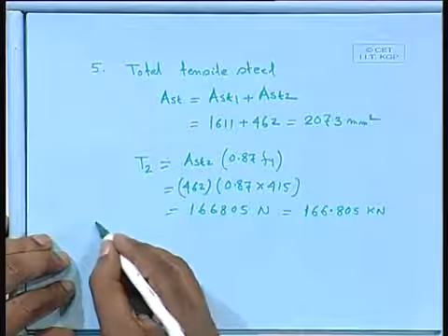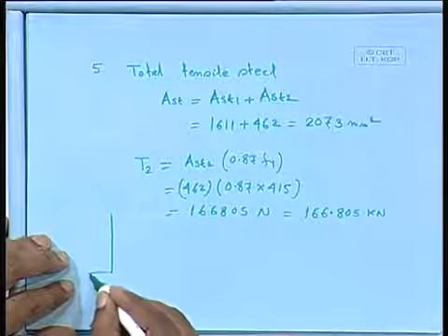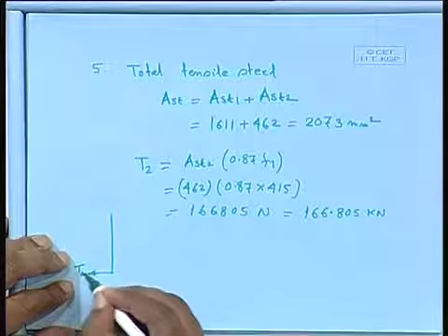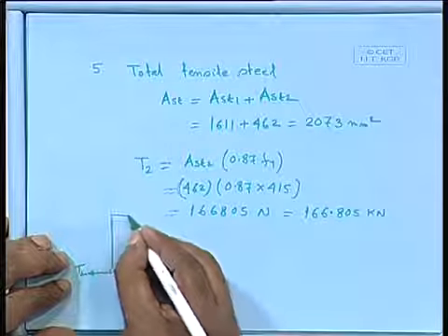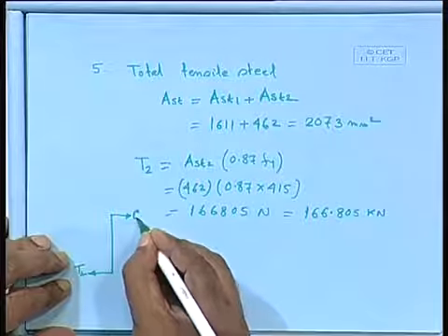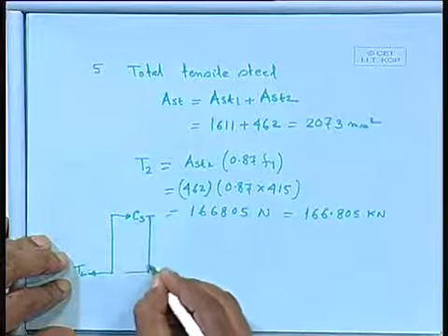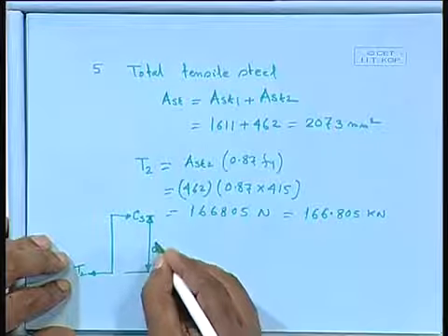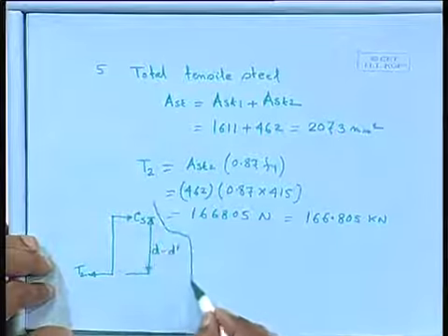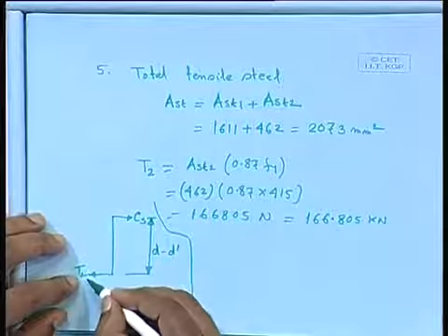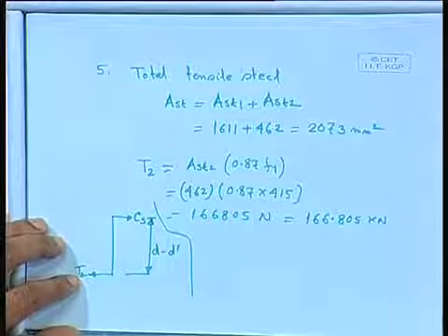This force, T2, we are talking about the steel beam, and Cs, what is the distance between these two? d minus d dash. T2 I know, because we are assuming that steel will reach the yield stress.